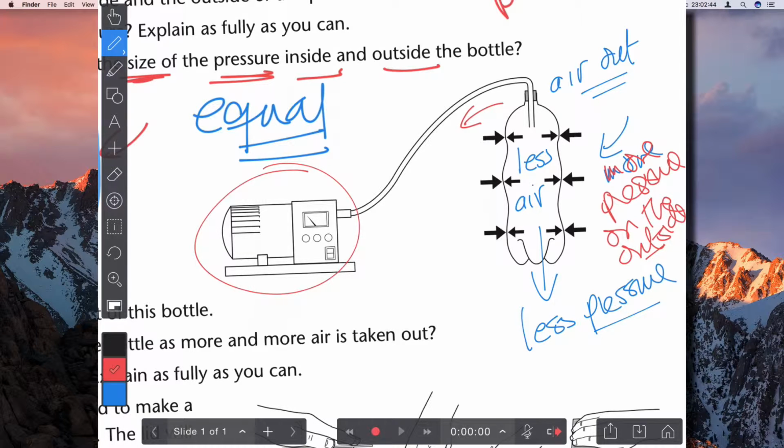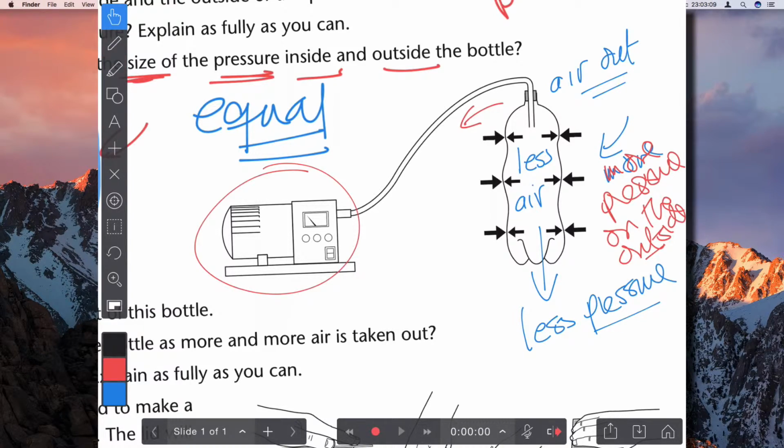But because we've reduced the air on the inside, when you compare the inside to the outside, the inside pressure has reduced. So what we expect to happen is that the pressure on the outside is going to push inwards.